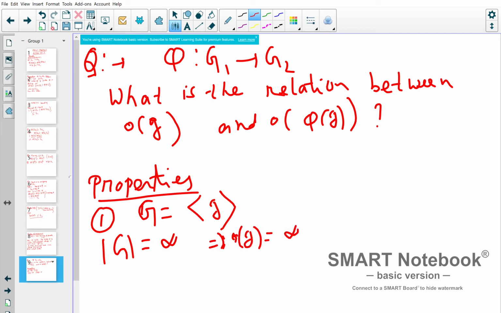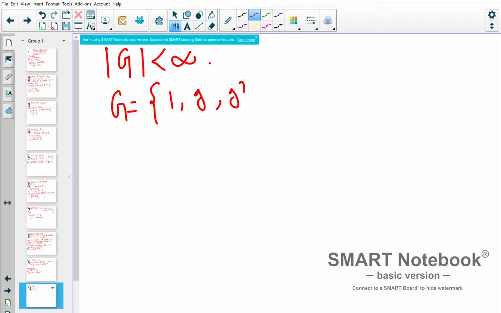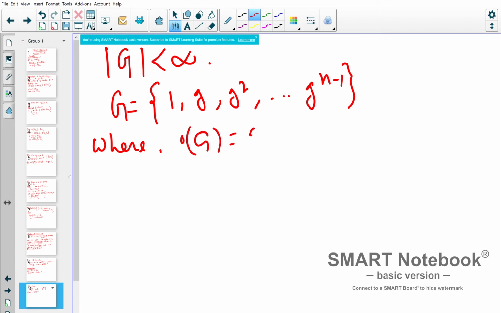This is not the interesting case. The interesting case is when the cardinality of G is finite. In that case, G is nothing but exactly 1, g, g square, up to g to the power n minus 1, where the order of G equals n, which is exactly the order of small g.